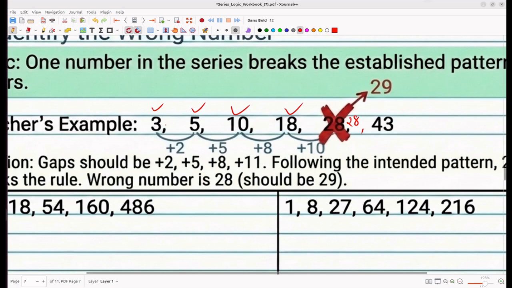Let's see. 3 plus 2 we got 5. Again 5 plus 5 we did 10. 10 plus 8 we got 18. So what do we need to do next? For that you can see the logic. Here you can observe the differences: 2, 5, 8.